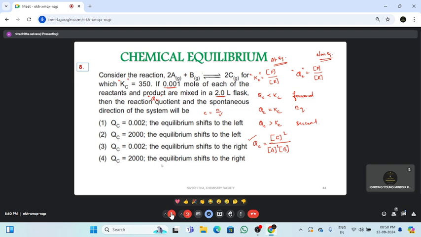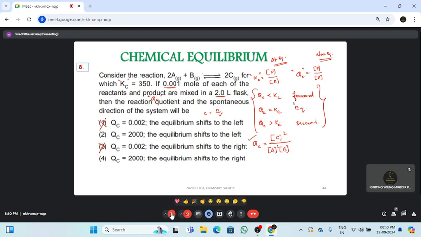Option 4. Okay, option 4, Qc equal to 2000. So Qc is equal to 2000. So definitely the answer is not going to be option A and C. So if Qc is 2000, then please compare it with Kc. 2000 is greater than 350.